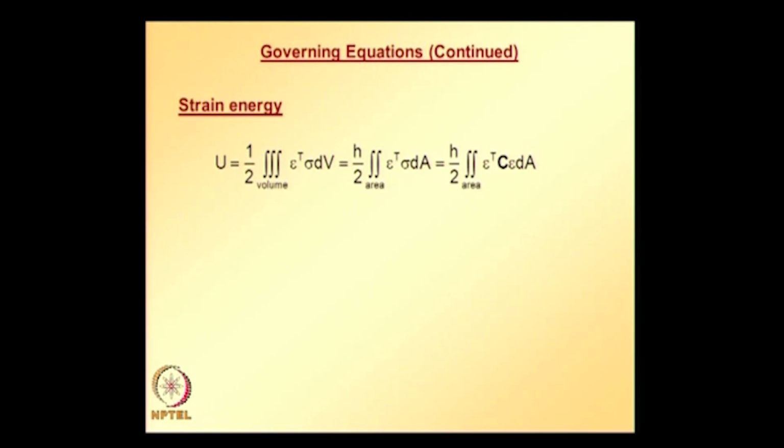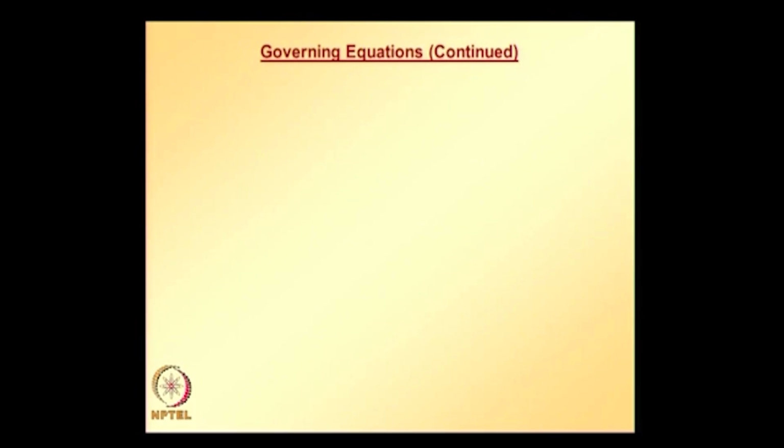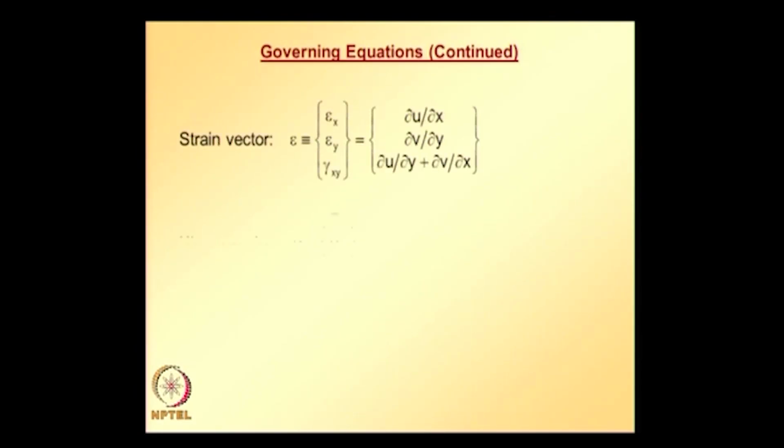C is equal to C sigma if it is plane stress, C is equal to C epsilon if it is plane strain, and this stress and strain, sigma and epsilon, involve 3 components. So, this is how strain energy U is defined.